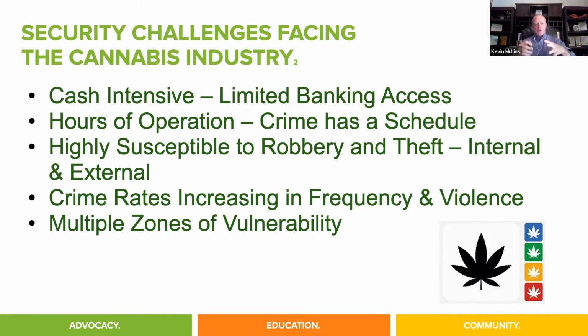And then you have multiple zones of vulnerability. We typically break out zones of vulnerability within a cannabis operation into 5 separate zones. All the way from your back room vault, moving into a front vault, moving into your retail facility, into your parking lot, and then beyond.